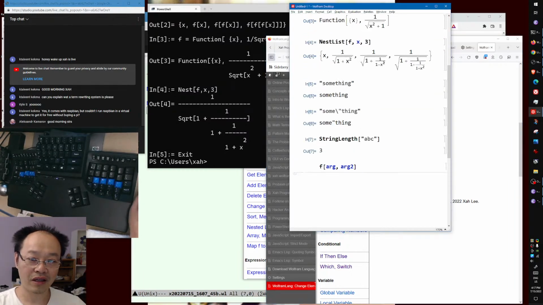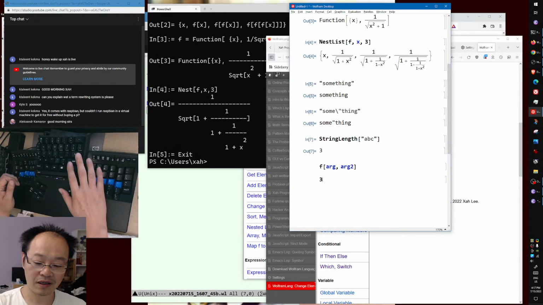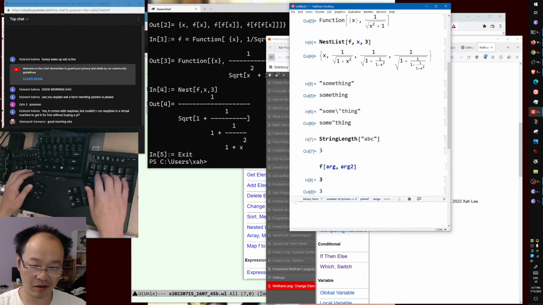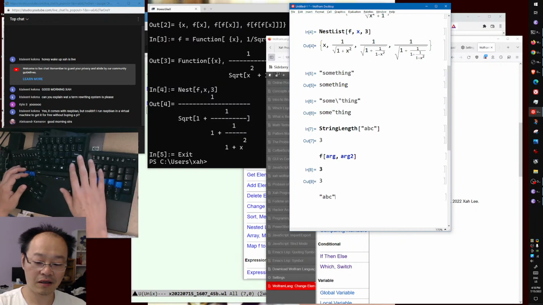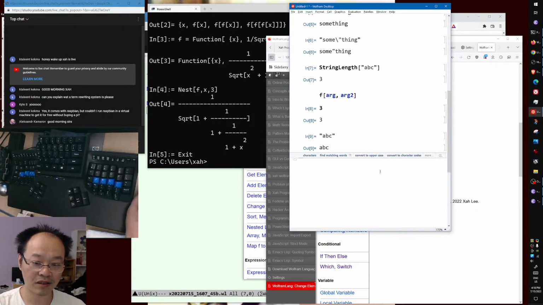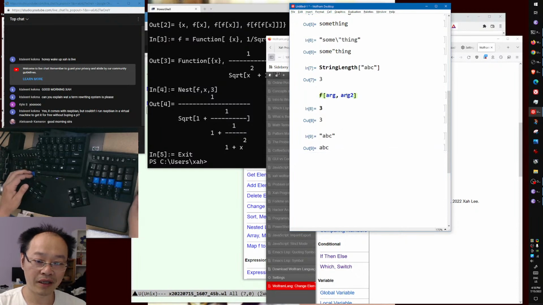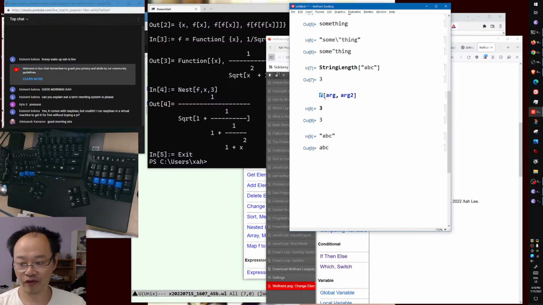Everything is an expression. 3 is an expression. A string is an expression. Those are called atomic expressions because you cannot take them apart. Then you build other expressions by having a function, like a list. Wolfram language is mainly derived from the Lisp programming language and APL.